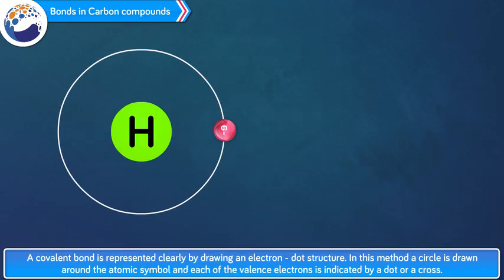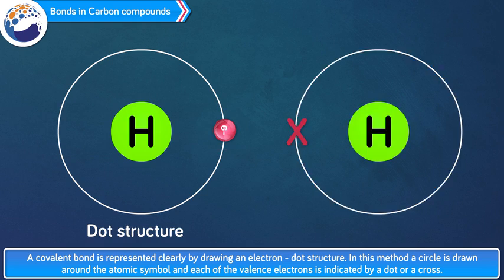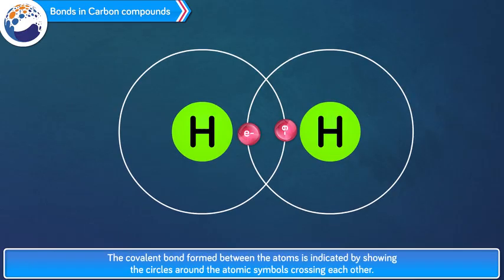A covalent bond is represented clearly by drawing an electron dot structure. In this method, a circle is drawn around the atomic symbol and each of the valence electrons is indicated by a dot or a cross. The covalent bond formed between the atoms is indicated by showing the circles around the atomic symbols crossing each other.